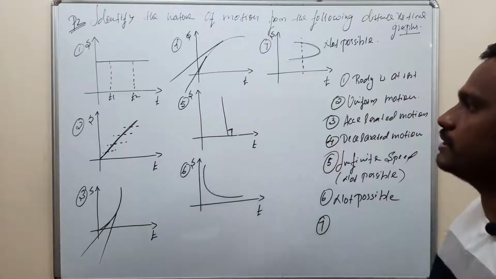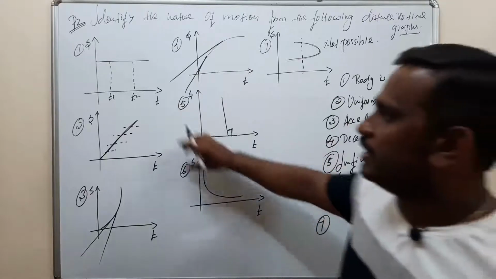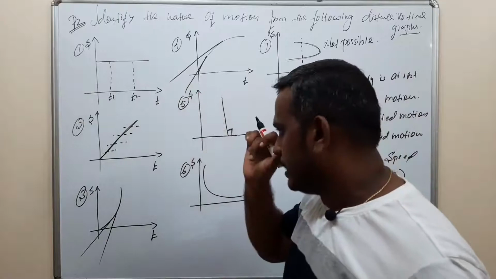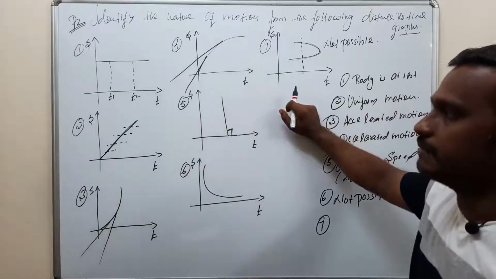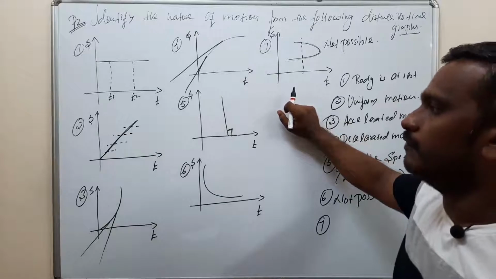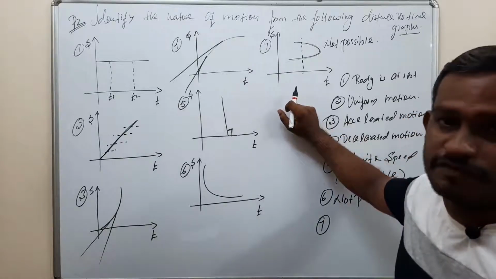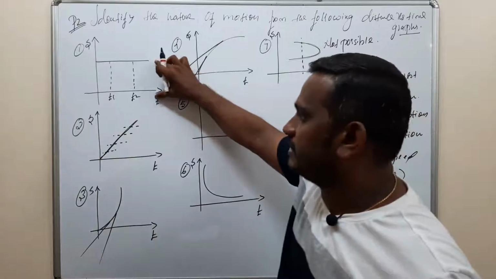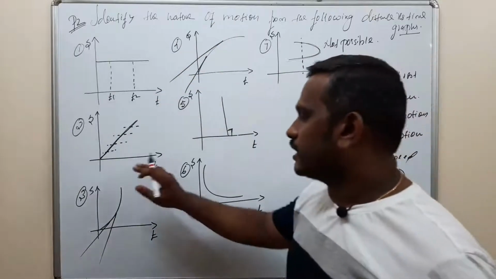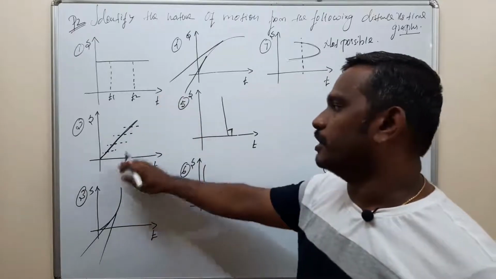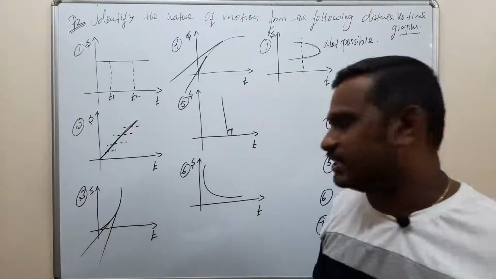So these are the graphs. Identify the nature of motion from the following distance versus time graphs. We have to find what type of motion the body undergoes. The first graph represents the body at rest, that is, the body doesn't move. The second is uniform motion, that means constant speed.